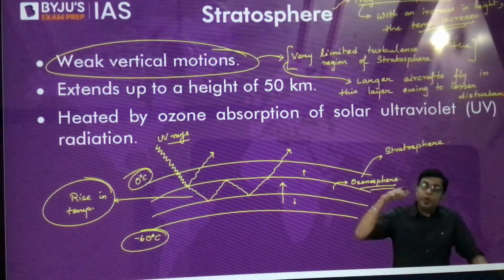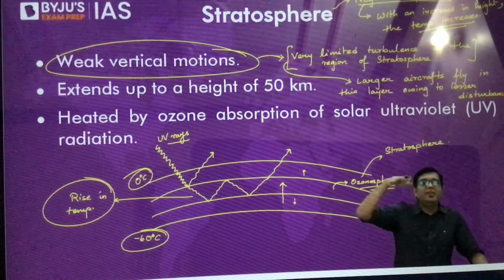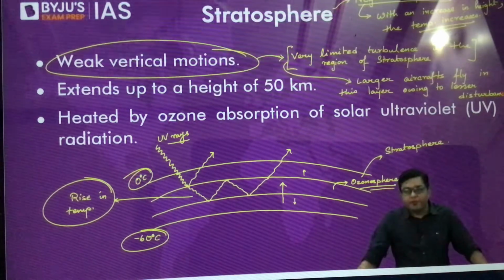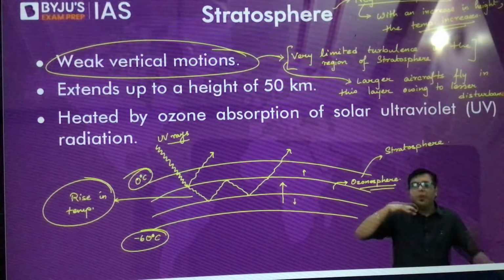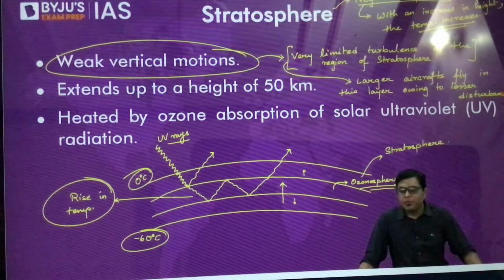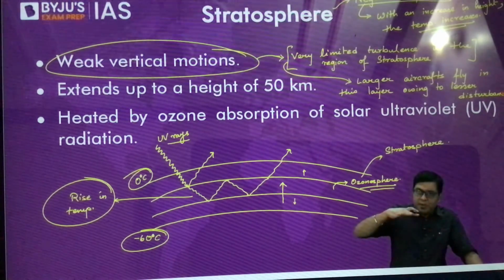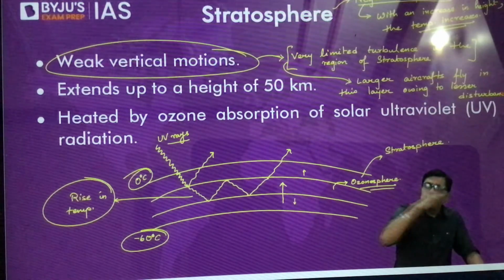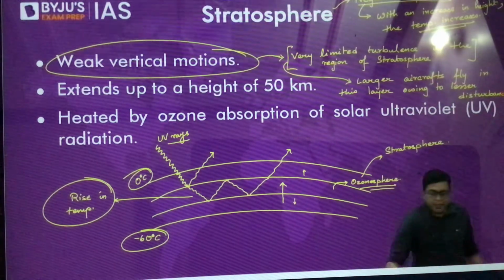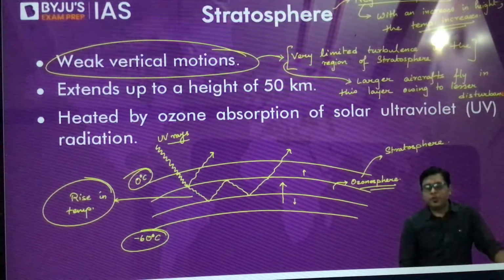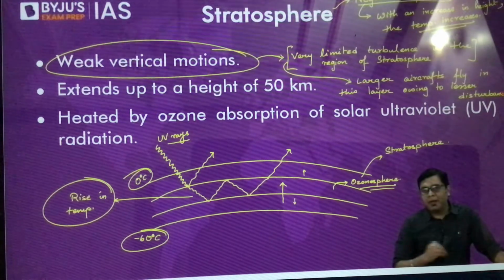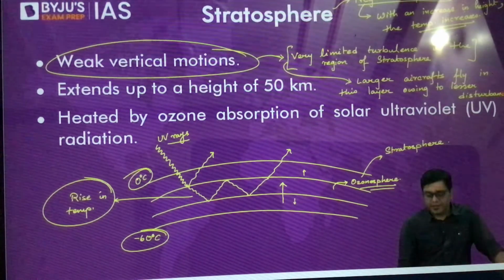So in order to ensure a smoother flight, they fly at a greater elevation, in the stratosphere, because you have almost negligible vertical motion. That is why there will be lesser disturbance and a stable flight will be ensured. Okay, so this is why in the region of stratosphere you have a negative lapse rate, a calmer condition, and the temperature rises.